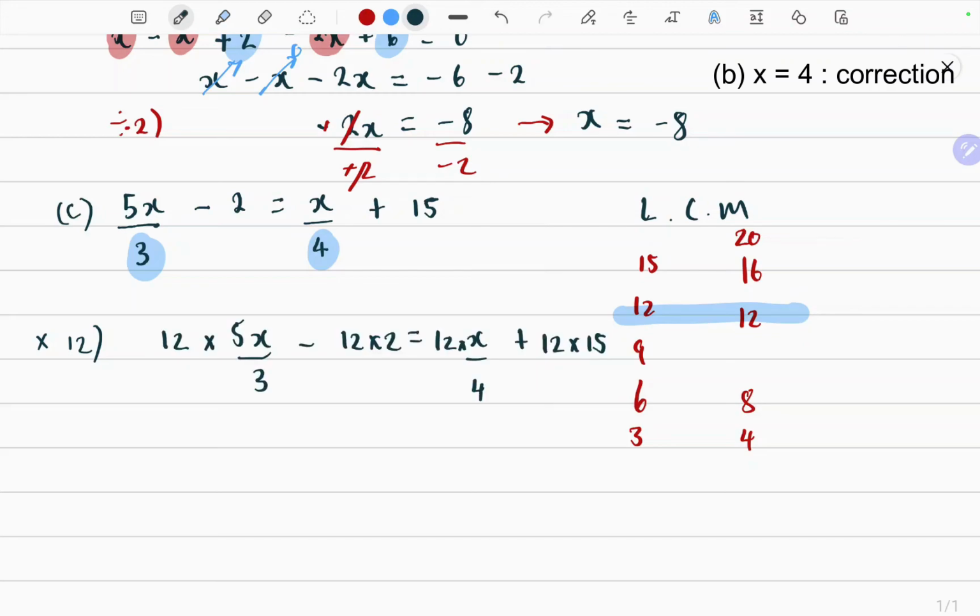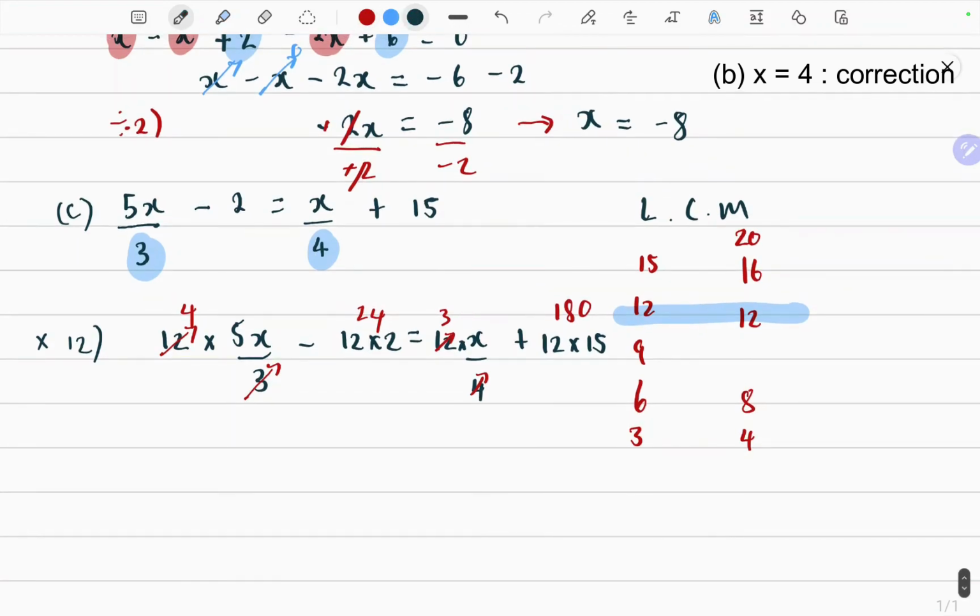After multiplying throughout with 12, this is what you get. And then obviously we can cancel out. 3 goes into 12 4 times, and 12 times 2 is 24. And 4 goes into 12 3 times, and 12 times 15 is 180.